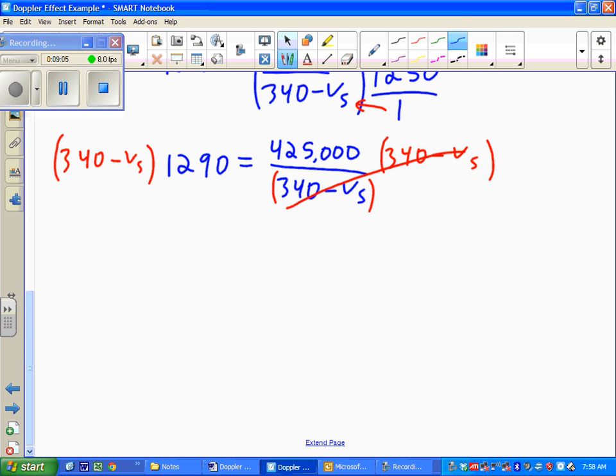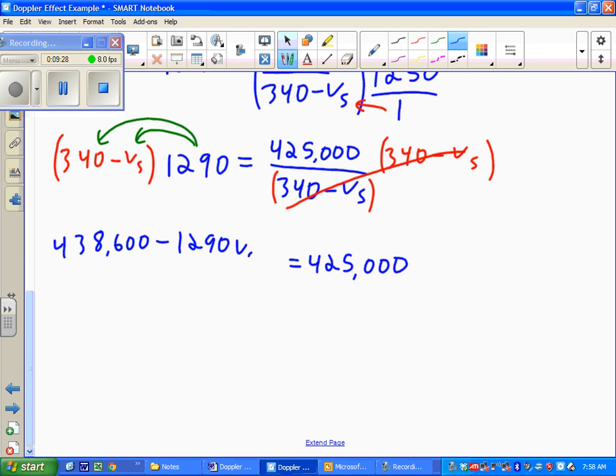And so on my right side, I have 425,000. And on my left side, I'm going to distribute. I'm going to multiply both of those. And I get 438,600 minus 1290 Vs.